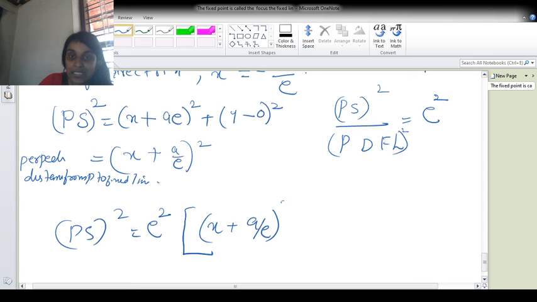What is PS square? x plus AE square plus y square, that is equal to E square into x plus A by E square.